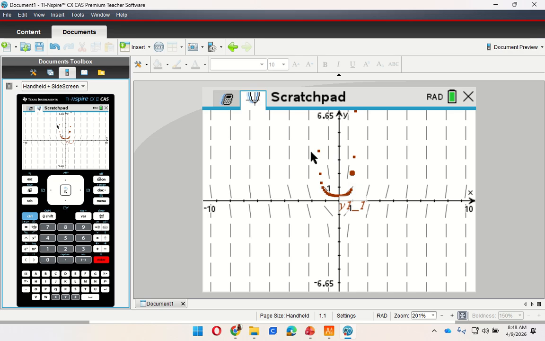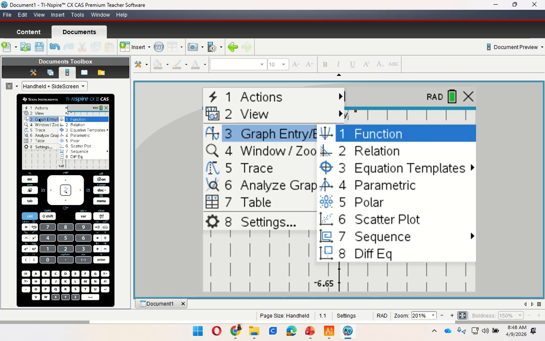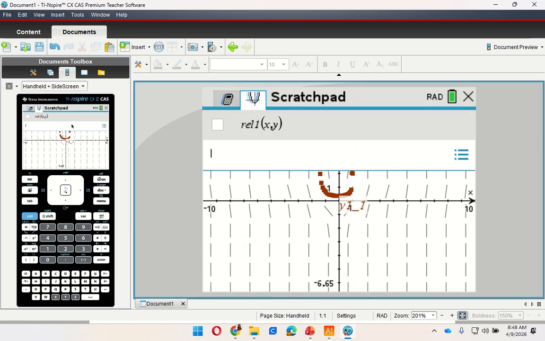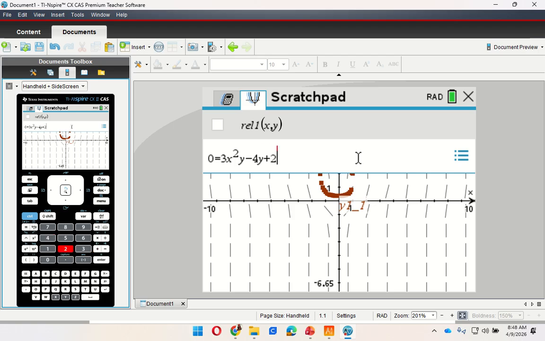All right, and then to do the particular solution, walk me through particular solution. That's menu, graph entry, graph entry, relation. That's where I enter that in. 0 equals 3x squared y minus 4y plus 2.